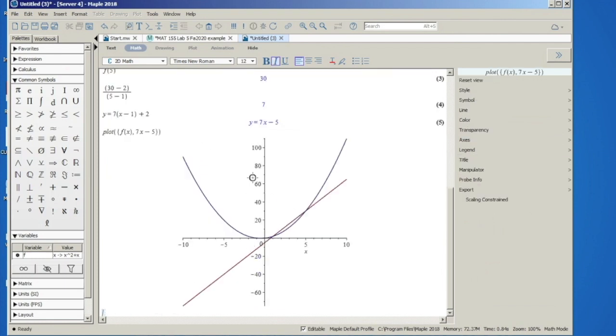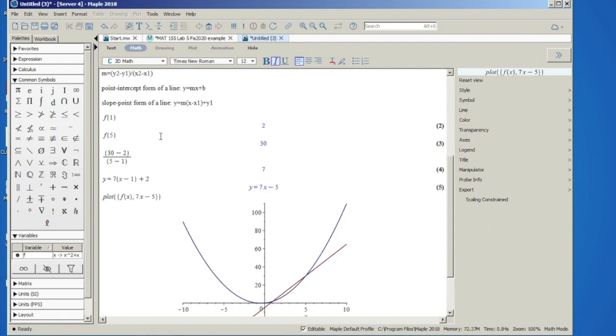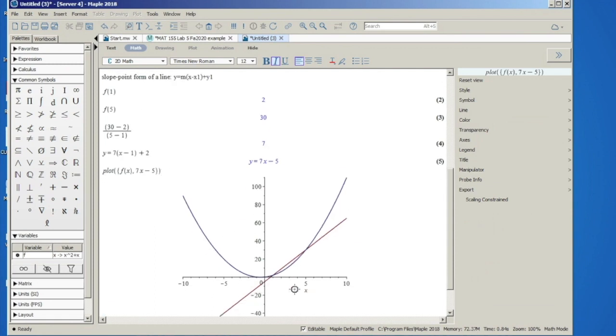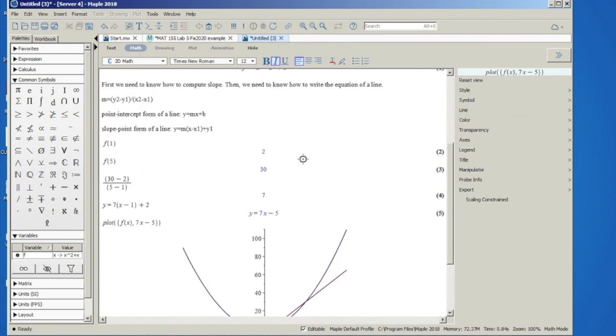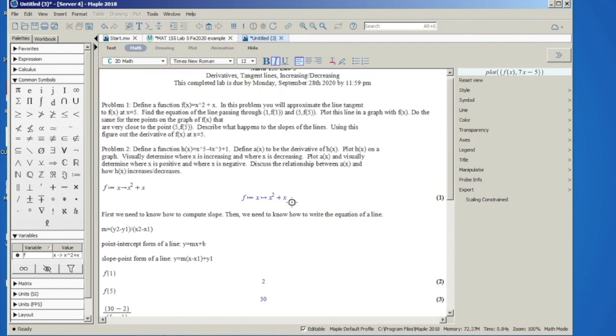If we notice, with the graph of f of x and the graph of 7x minus 5, the line is not a tangent line, it's a secant line. So this particular line does not give me a tangent line. So we have to keep on estimating and approximating values that will.